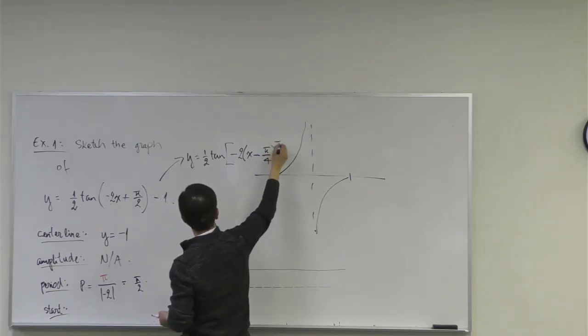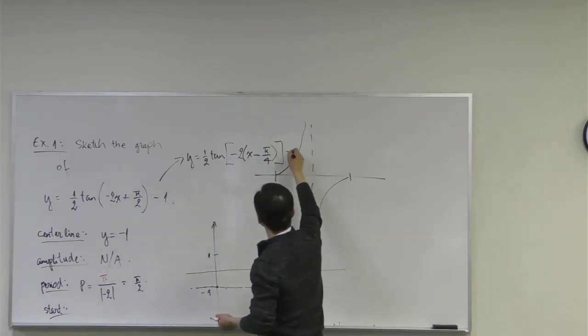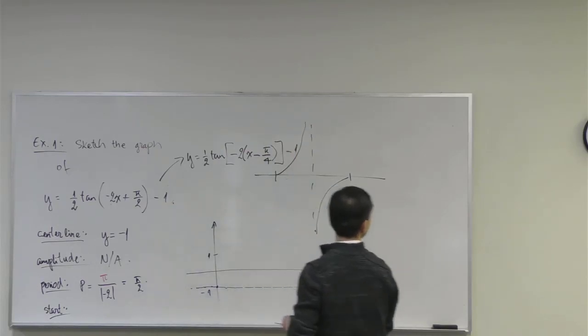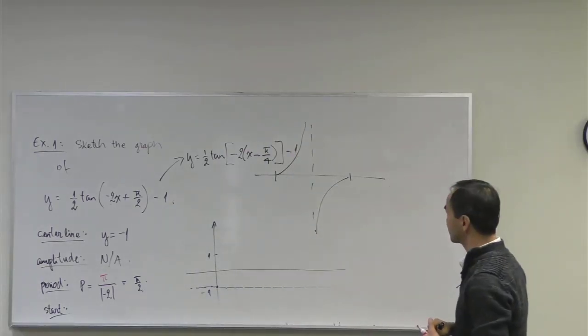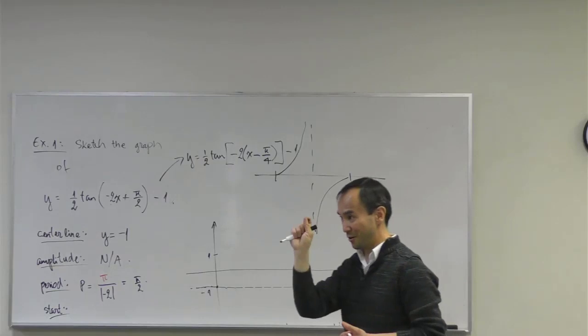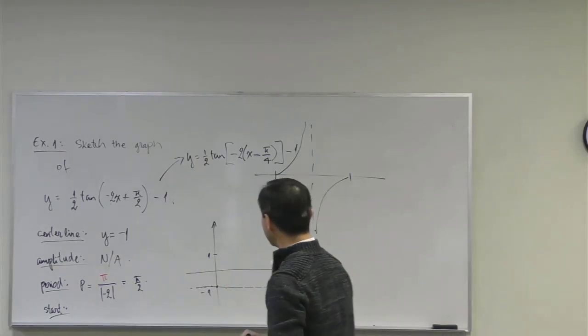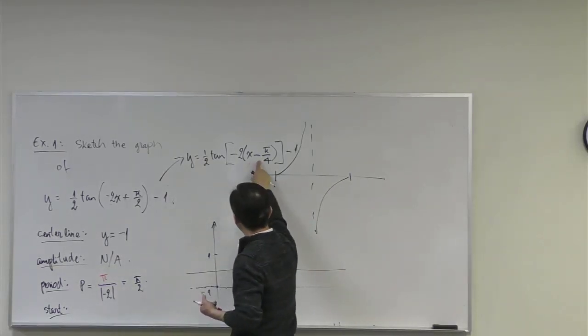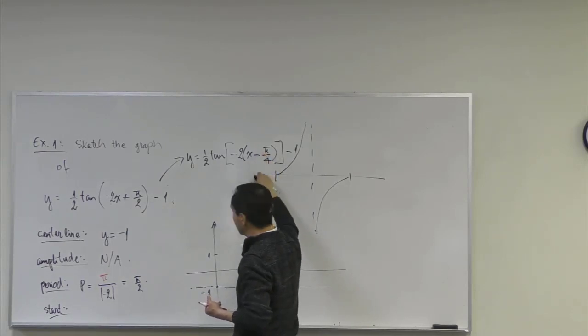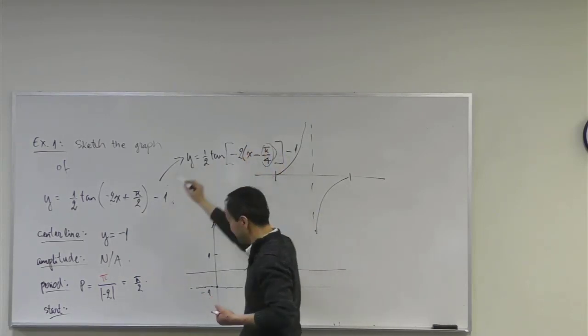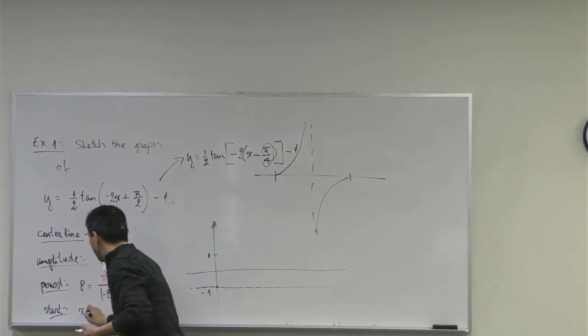You guys with me there? That's how I'm seeing my function. I just factor out that coefficient in front of the x, making it x minus pi over 4 in parentheses. So this number right here is our start point. Start at pi over 4.